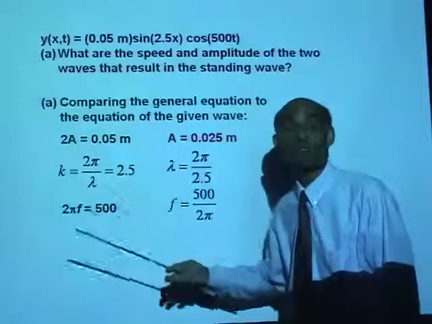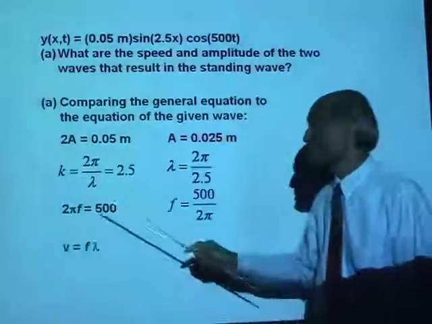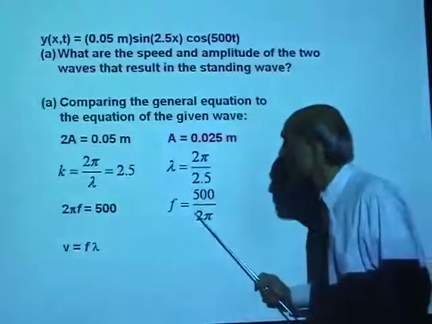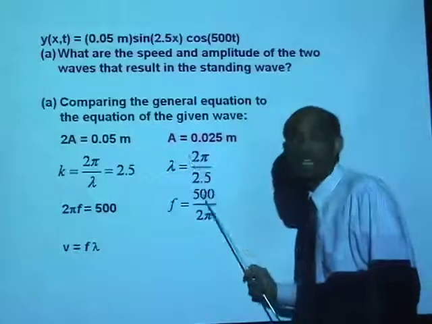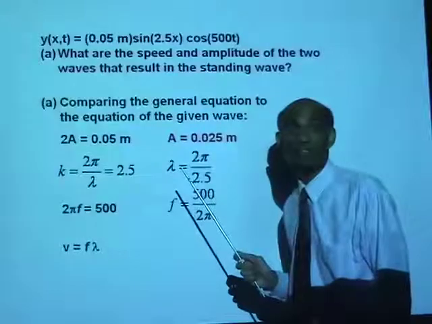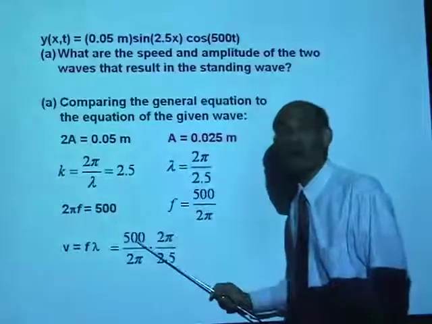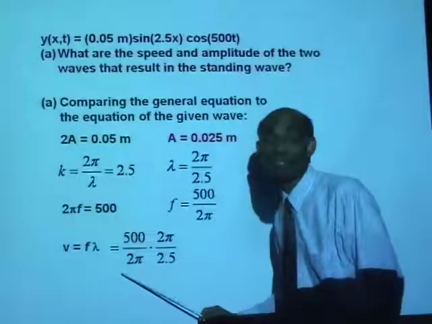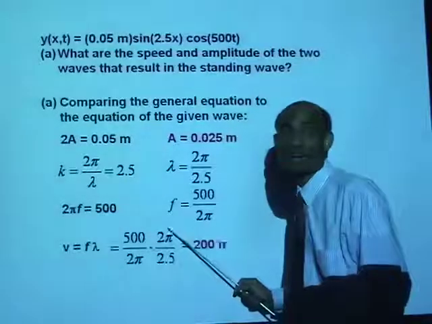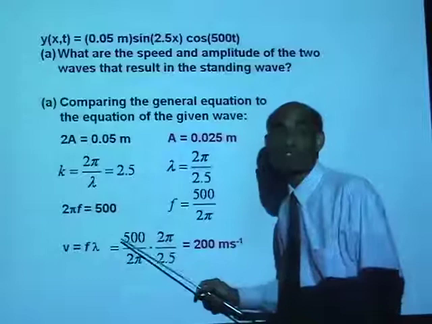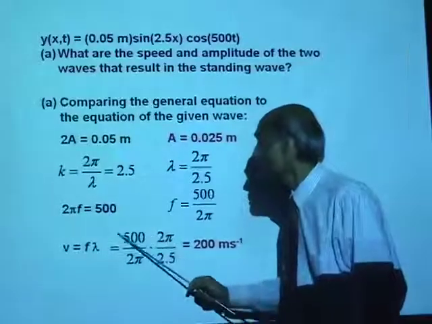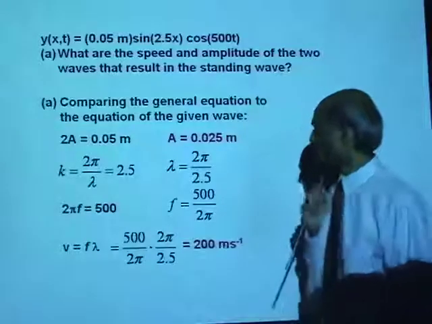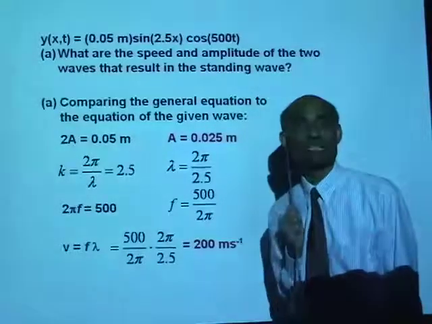V equal to f lambda. F is 500 over 2 pi. Lambda is 2 pi divided by 2.5. And you know why I did not calculate those values: the 2 pi and 2 pi will cancel. Therefore, V equal to 500 divided by 2.5. That is 200 meter per second.